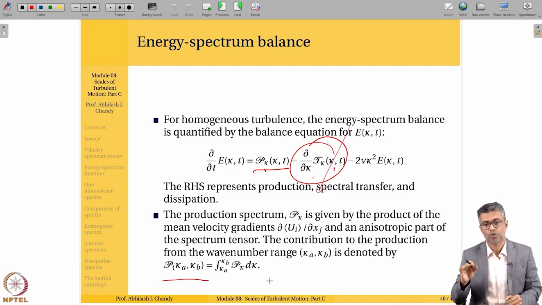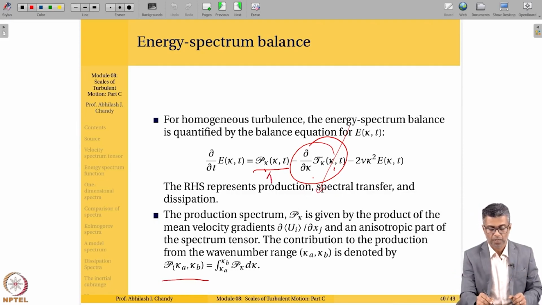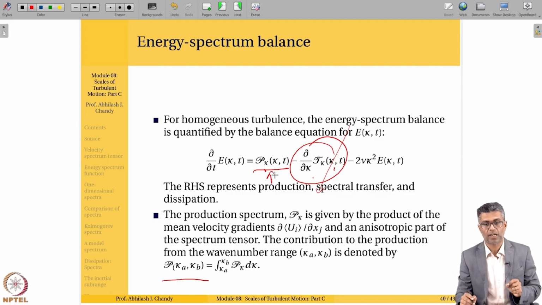Now on the right hand side you have three terms. The first one is the production term, the second one is the spectral transfer, and the third one is the dissipation. So essentially this makes up the three regimes in your energy cascade, isn't it? You have the energy containing range, that's where the energy is produced, the production term.